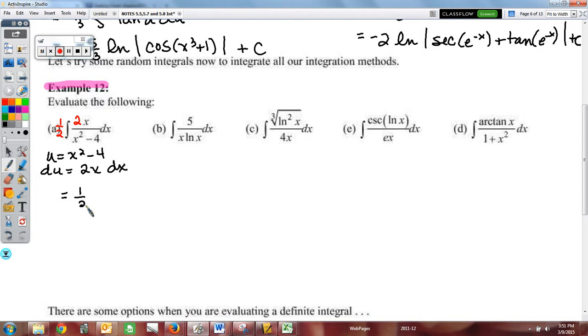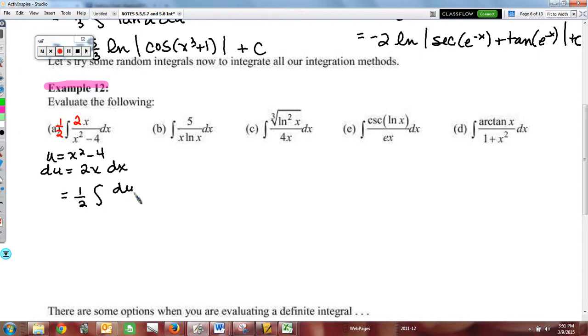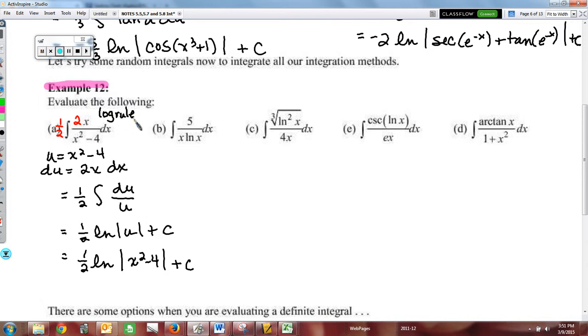So we end up with 1/2 integral of du over u, which is going to give me 1/2 natural log absolute value of u plus c, which then, putting it back in terms of x, is 1/2 natural log of absolute value of x squared minus 4 plus c. So this is a very straightforward log rule integration.